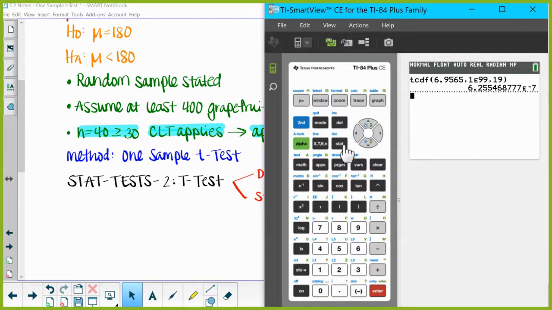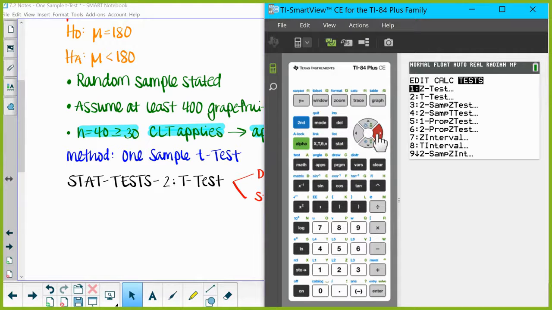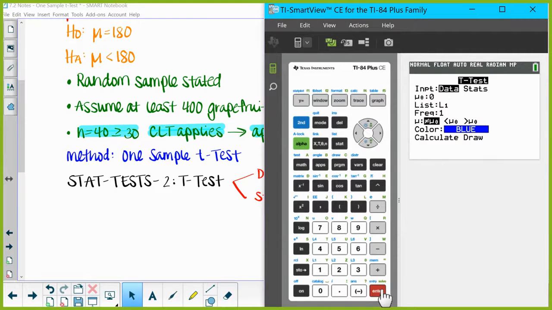We're going to go to stat, over to tests, down to number 2. Yes, for data, they ask you what the null mean is. They ask you where your data is. Frequency, you're going to leave as 1 all of the time. And they ask you what your alternative is. So if you were to do it with data, but we are doing it with stats.